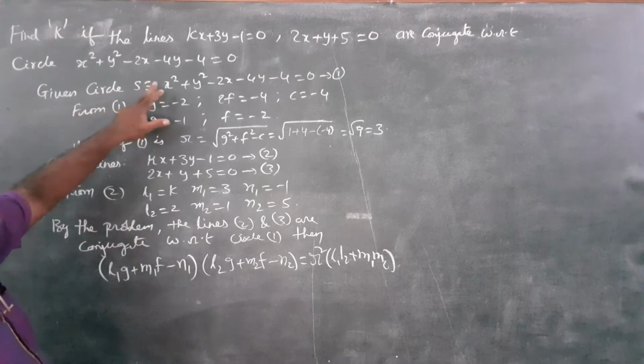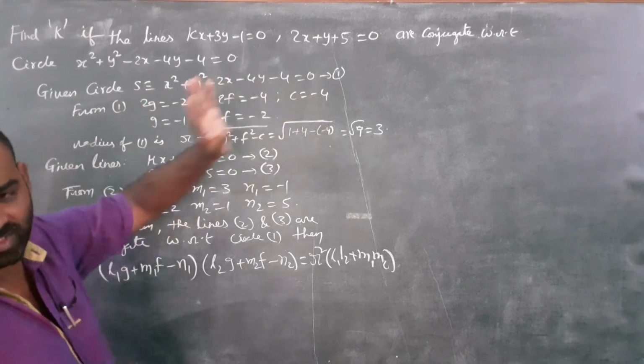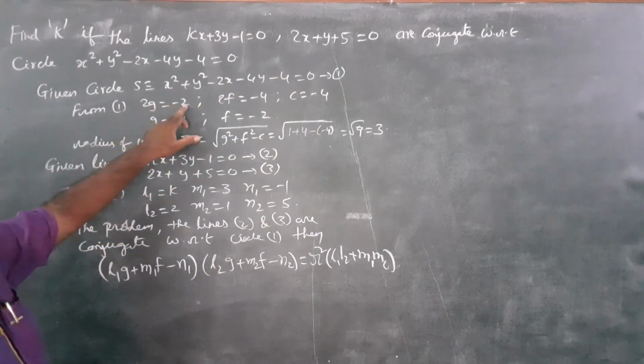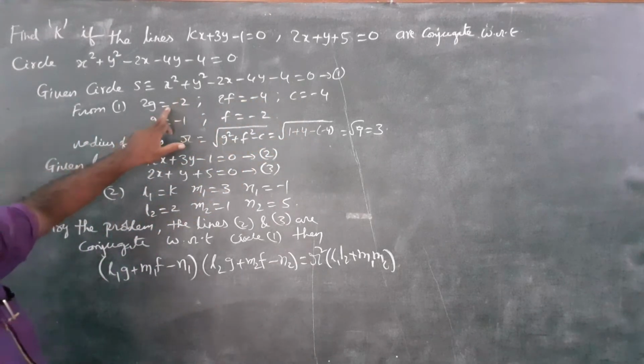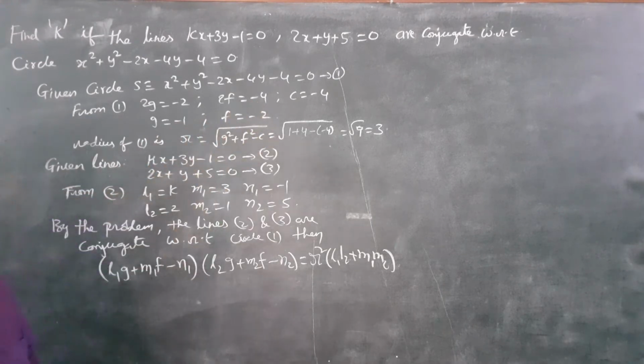Given circle S identical to x square plus y square minus 2x minus 4y minus 4 equal to 0, which is first equation. From here 2g equal to minus 2, 2f equal to minus 4, c equal to minus 4. If 2g equal to minus 2, g equal to minus 1, 2f equal to minus 4, f equal to minus 2.